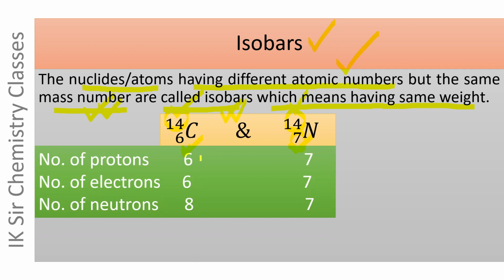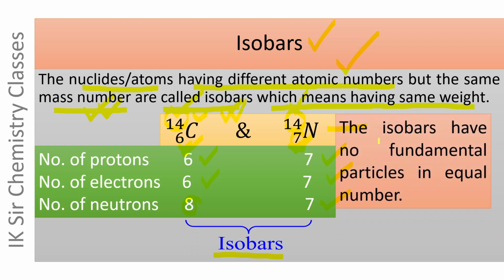It contains 6 protons, 6 electrons and 8 neutrons. Here 14 minus 6 is equal to 8. This atom contains 7 protons, 7 electrons and 14 minus 7, that is 7 neutrons. These two nuclides C14 and N14 have different atomic numbers but the same mass number, and hence these are isobars, that is, having the same weight.